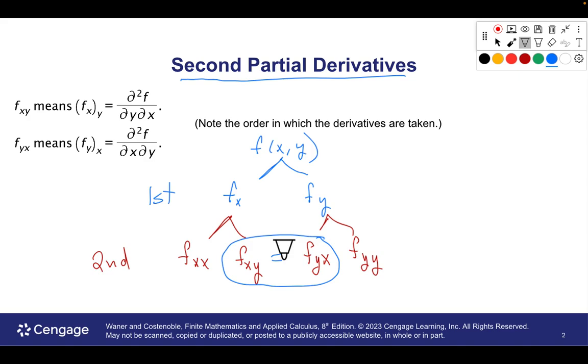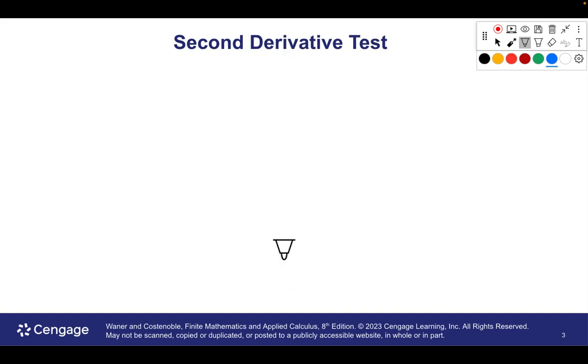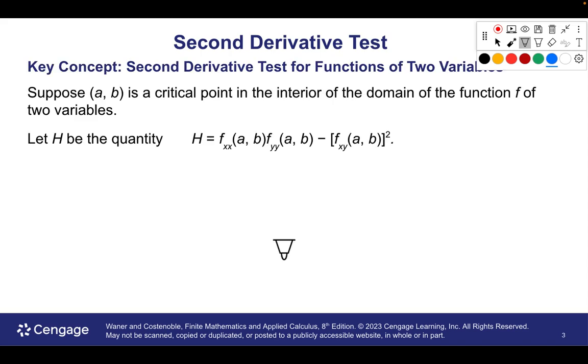That's our little diagram. Okay, let's see. So the second derivative test, we take those values. So this is your f sub xx, f sub yy. Notice they're being multiplied. So maybe just in shorthand.